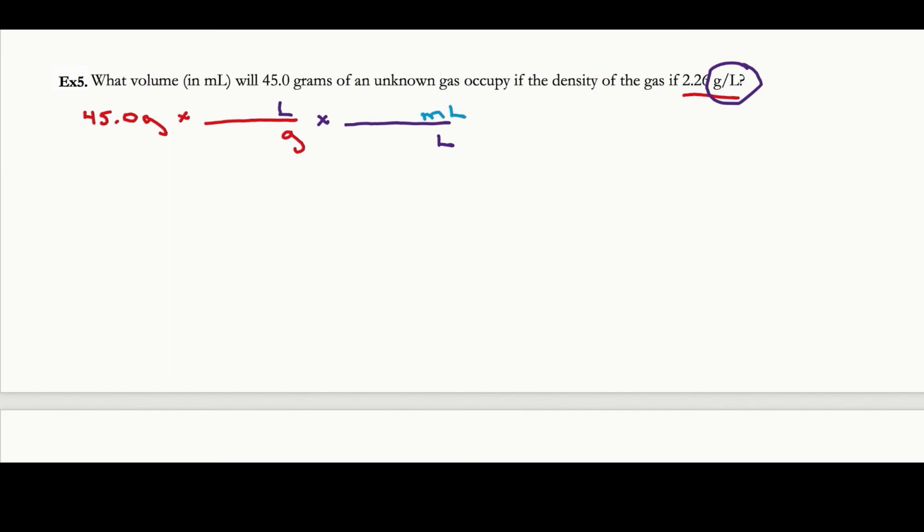Okay. Now I'm going to plug in my values. I know I have 2.26 grams for every 1 liter, and I know that 1 milliliter is 10 to the negative third liters. Obviously for these prefix ones, guys, I would give you those values. Okay. So for this problem, my answer, I'm going to 45 divided by 2.26 divided by 10 to the negative third, I get the following answer, unrounded.